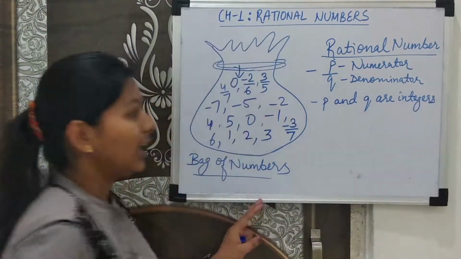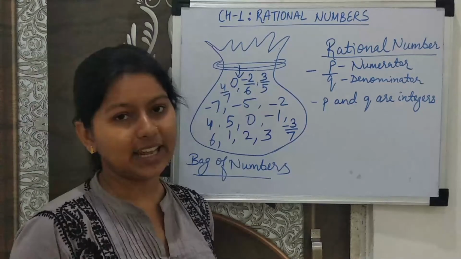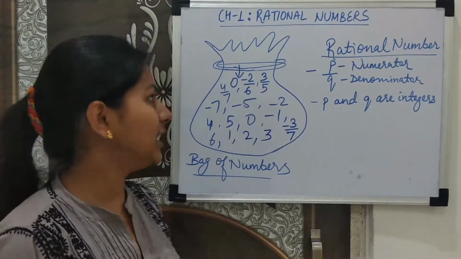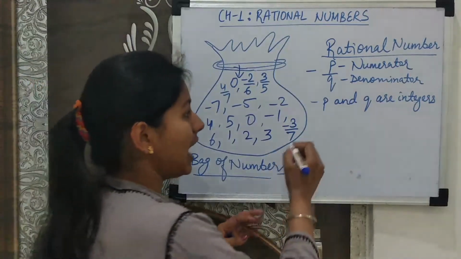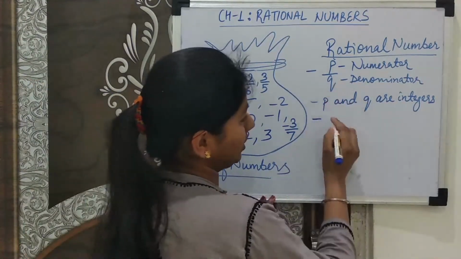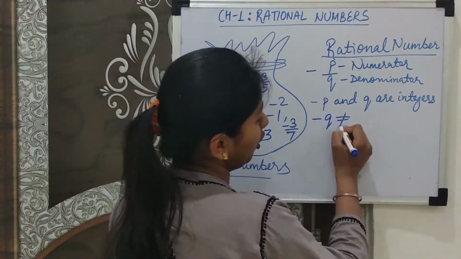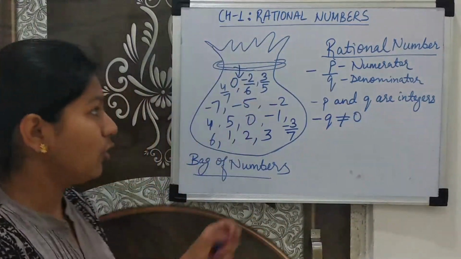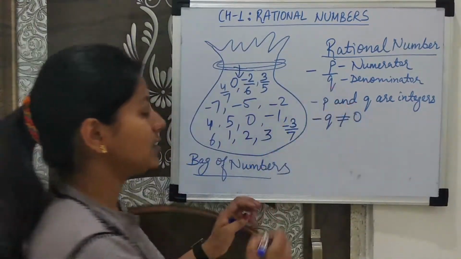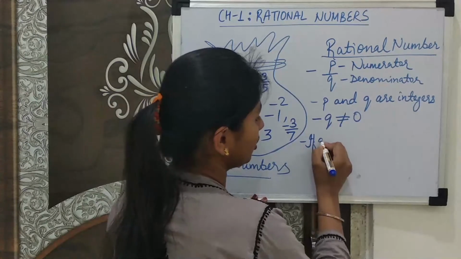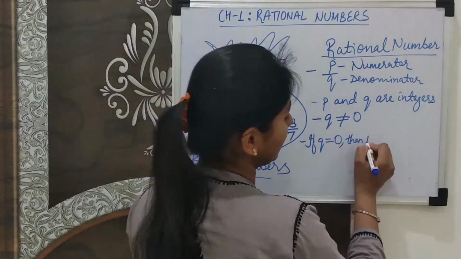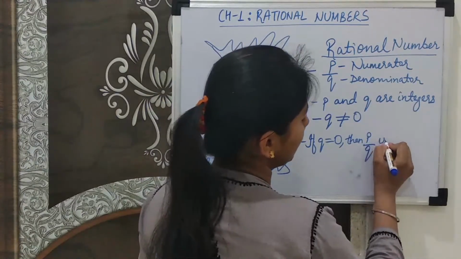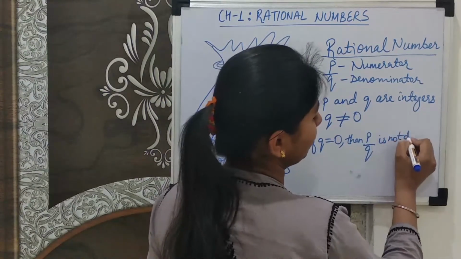Integers means it can be positive, it can be negative, it can be 0 also. Whereas it was not so in the case of fraction. And the third point, that the denominator q should not be equal to 0, because if q is equal to 0, then p by q is not defined.